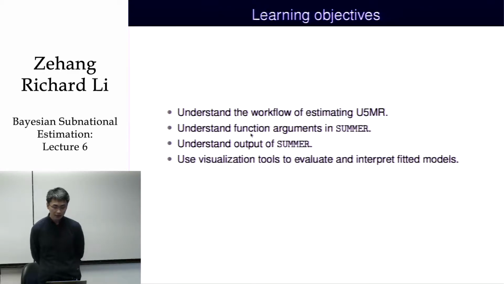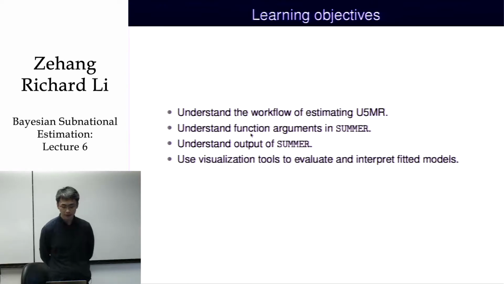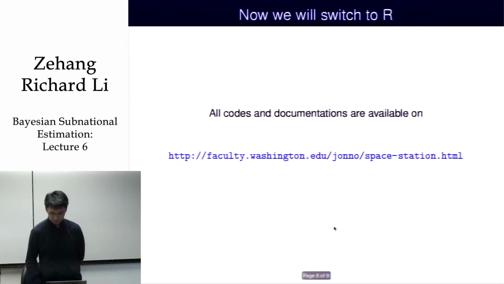Then I want to use these more complicated examples to highlight the function arguments, how to specify different models, what the considerations are, and how to make the most out of the output of the summary package. And as I said before, we will use visualizations like we have just seen to evaluate and interpret the fitted models.